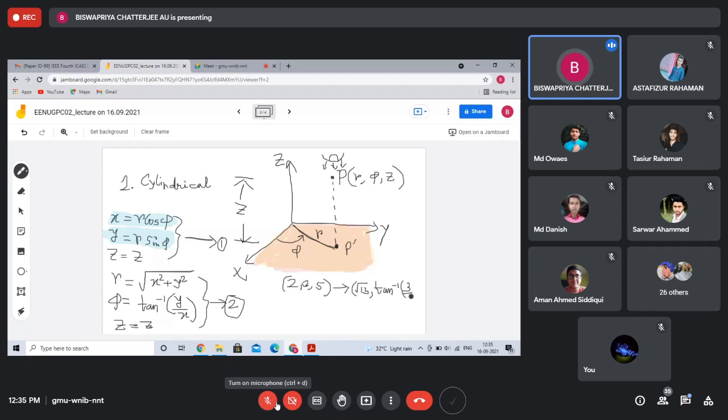If you have a calculator, you will have the exact value. And z will be z, it is 5. So in this way you can find out any position.